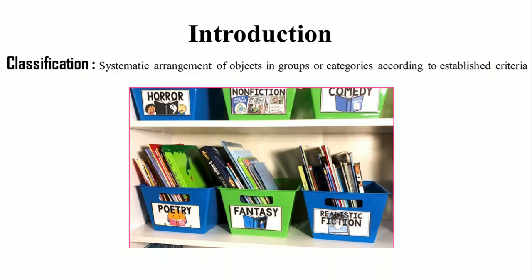For example, we know that we won't find facts in a fantasy book, we won't find stories in a poetry book. So, likewise, having a good classification scheme, we can find more common trends and mutual exclusion between objects in a particular class.